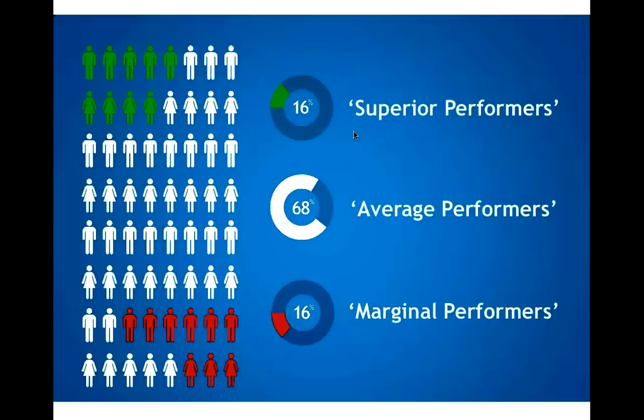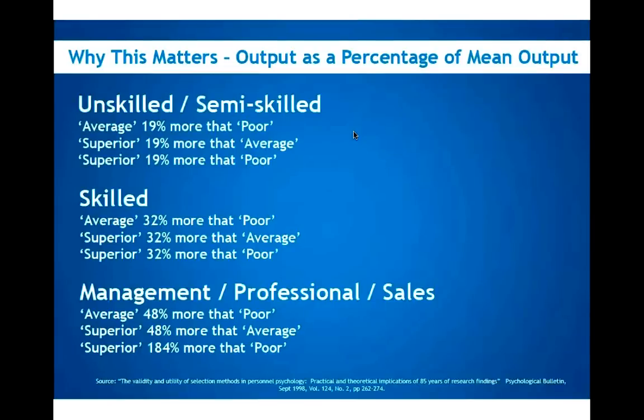Some will fall under the superior performers, the average, and the marginal performers. A lot of them, about 68% based on the statistics, will be the average performers, and the top and bottom performers each make up 16%. Now, why does this matter to us in terms of percentage of mean and output?